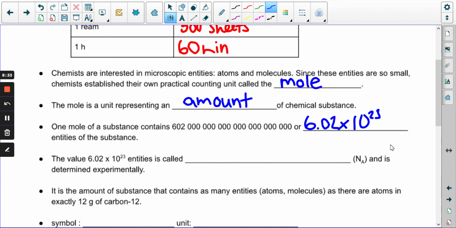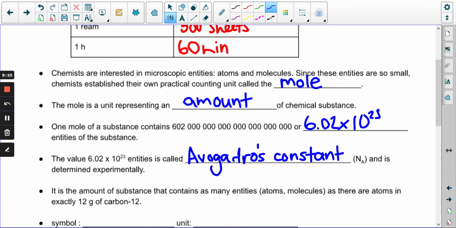So this value, this 6.02 times 10 to the power of 23, it represents number of entities, and we call this Avogadro's constant. And sometimes we call it Avogadro's number as well. You'll hear that used interchangeably, Avogadro's constant or Avogadro's number.